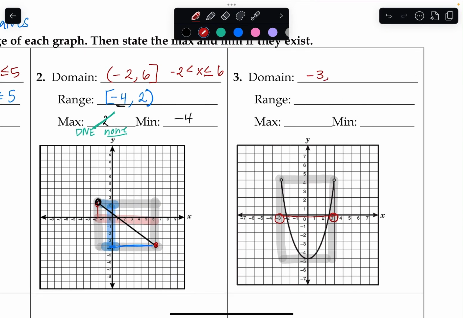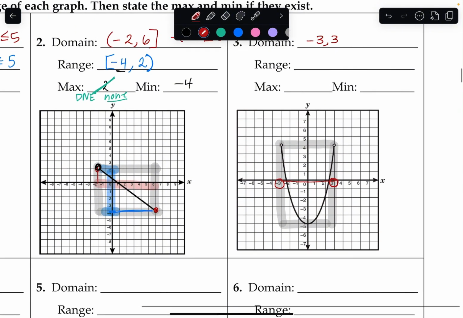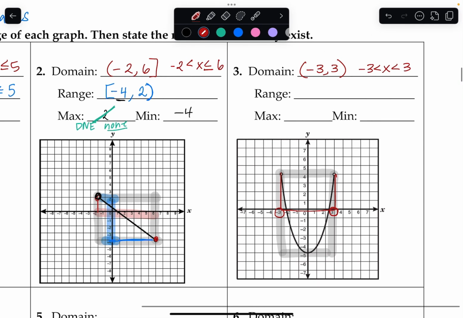So -3 to +3. And then we need an open circle, so a parenthesis. And we have another open circle, so another parenthesis. So no lines on our inequality. Forgot to do the range over here. So -4, y, 2, alligators eat to the right, and we only need a line under the -4.